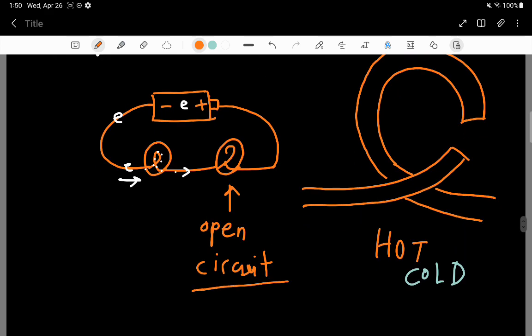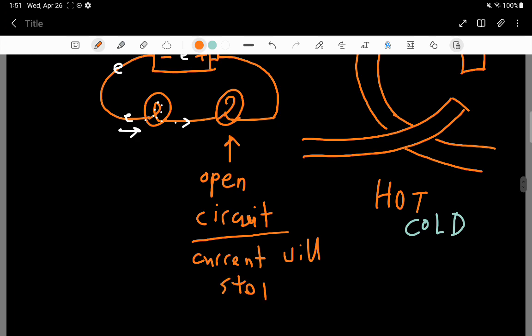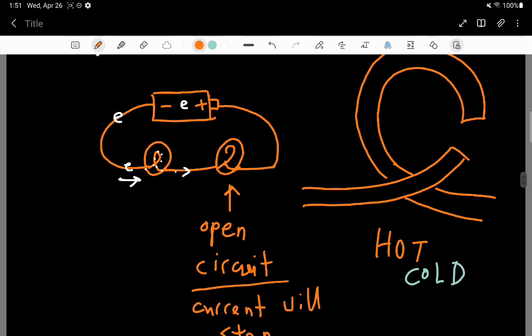And if it's an open circuit, current won't flow. So current will stop. And if the current stops, then that means that the battery no longer delivers energy to the rest of the circuit. So not only does this light bulb turn off, this light bulb also turns off. And it's because the current turns off. And the electrons just stand still again.